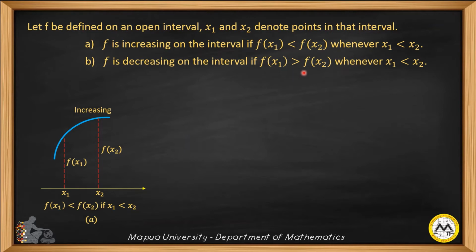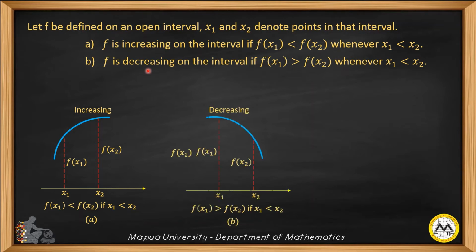If, however, it is observed that f of x sub 1 is greater than f of x sub 2 whenever x sub 1 is less than x sub 2, then f is said to be decreasing in this particular interval, as illustrated by this graph, where we observe that in the direction of increasing x, we trace the curve downhill, telling us that f of x sub 1 would always be greater than f of x sub 2. In this illustration, the function is said to be decreasing.